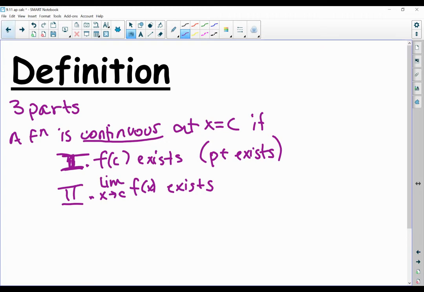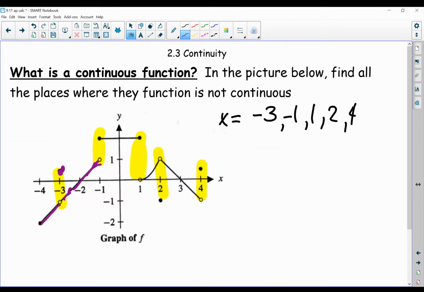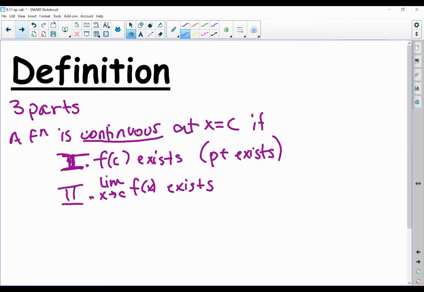If we go back to our first picture, at x equals 1, the limit coming from the left is 2 and the limit coming from the right is 0. So this limit does not exist. If the limit doesn't exist, we're not intending to go to the same place, we're going to be jumping on the graph, and therefore it would be discontinuous.